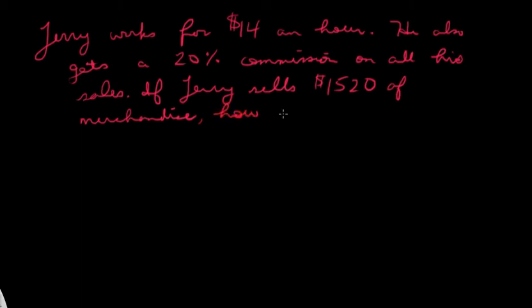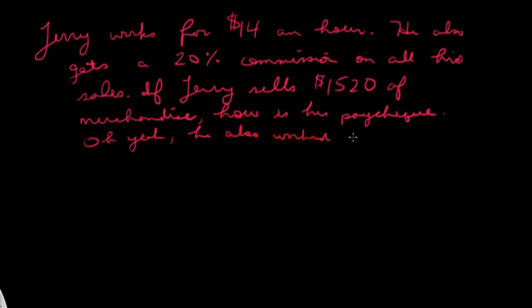Well, we're still missing a piece of information, right? So let's just add that. Oh yeah, he also worked 10 hours. Okay, so we got a lot of information here to work with. This is kind of complicated, right? First thing we need to do is build some sort of equation to solve our problem here.